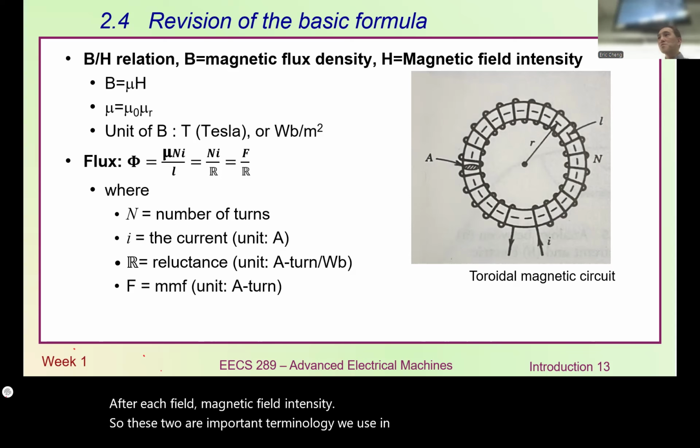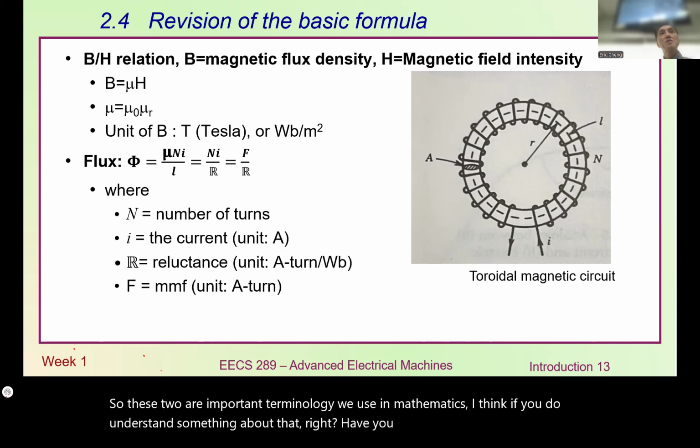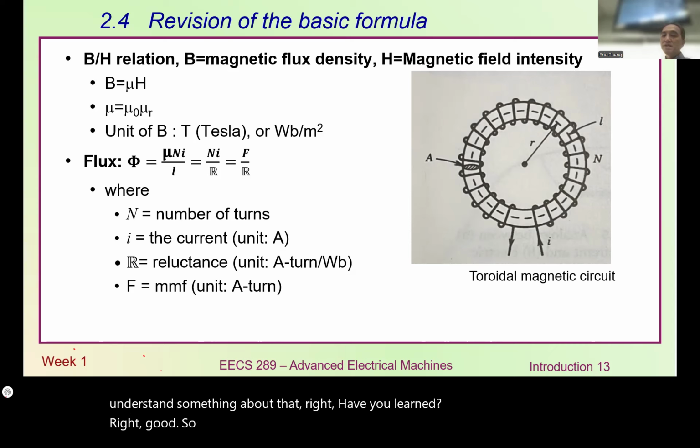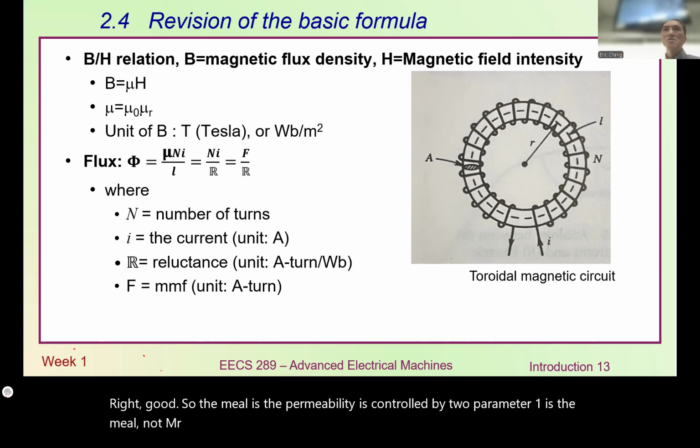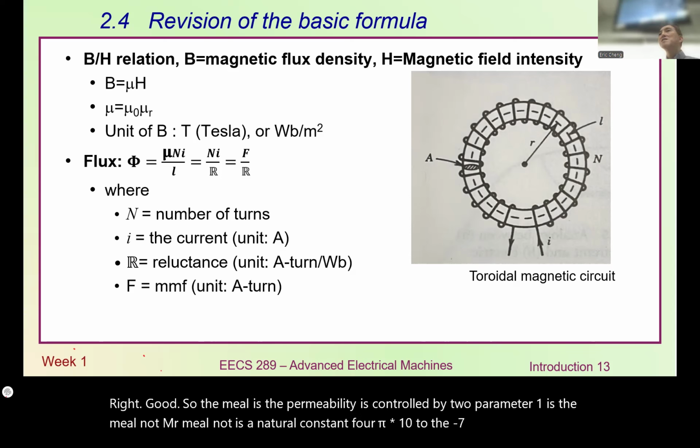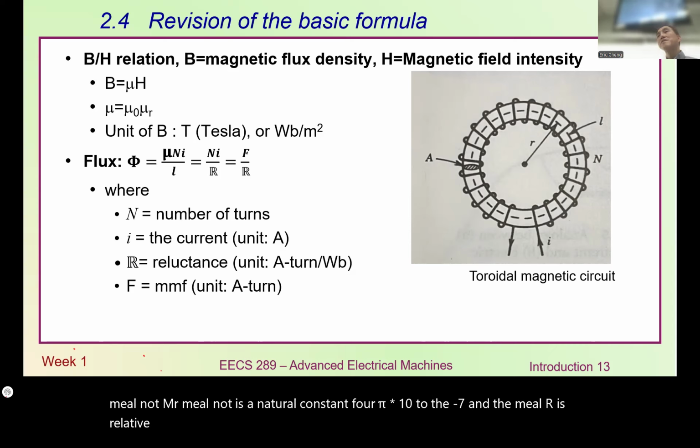These two are important terminology we use in magnetics. I think if you understand something about that, right? Have you learned BH? Right, good. So mu is the permeability, controlled by two parameters. One is mu naught, a natural constant, 4 pi times 10 to the minus 7. And mu R is the relative permeability related to the material we use.